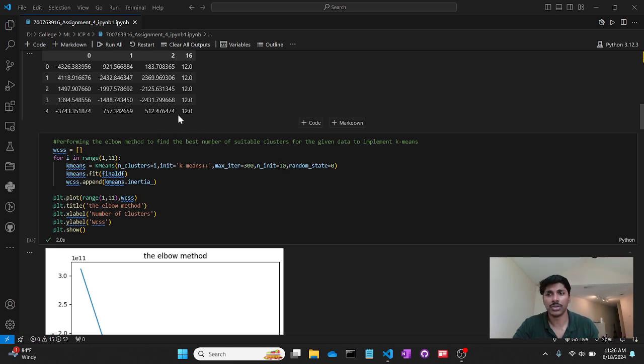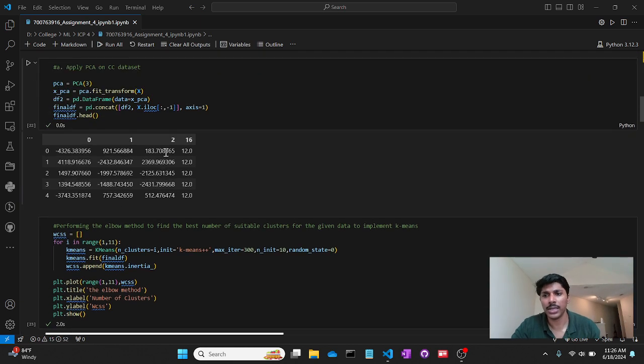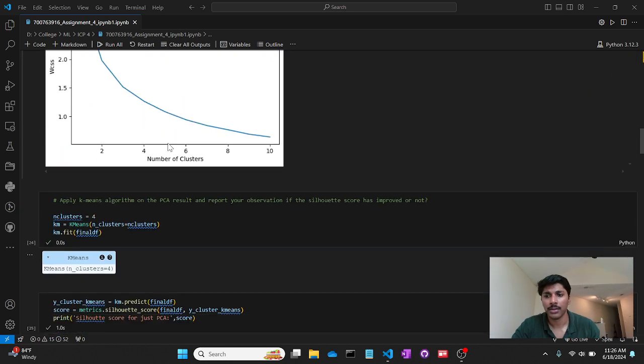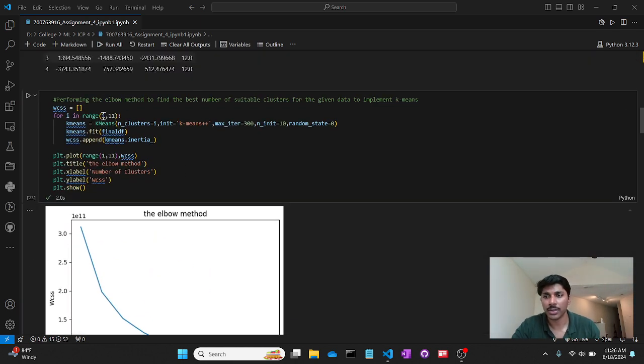I did this because we'll get a range of groups from 1 to 10, and we can select 3 or 4 groups from these 10 groups.